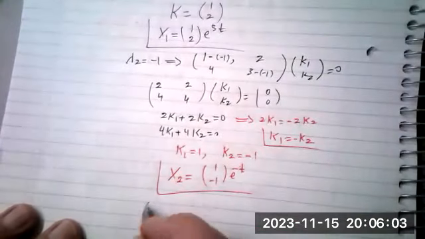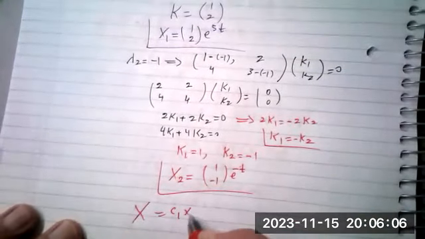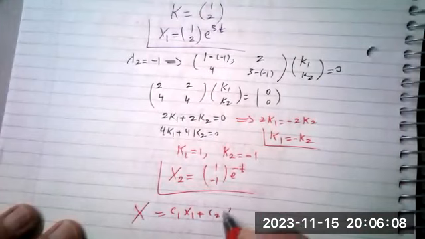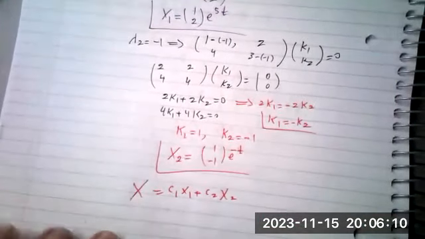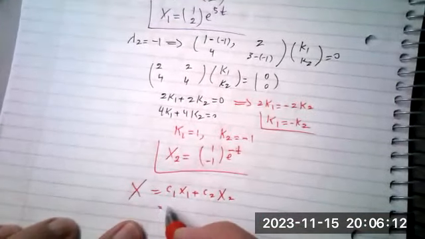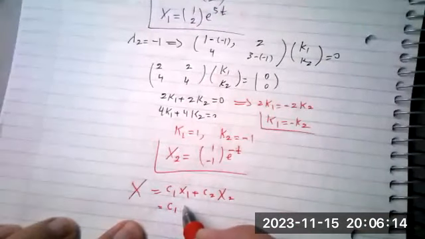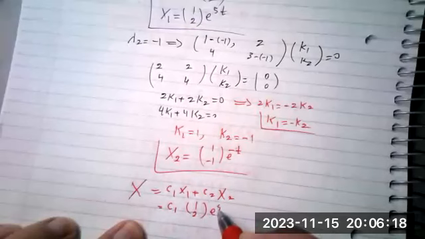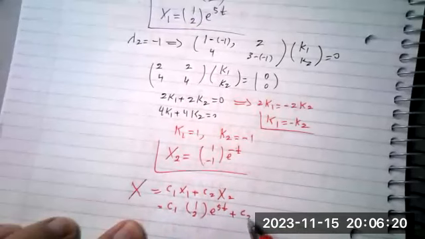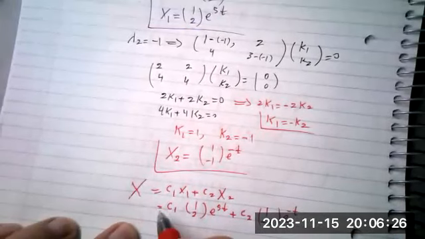Your general solution, X equal to C1 X1 plus C2 X2. So this is going to be equal to C1 times 1, 2, e to the 5t, plus C2, 1, negative 1, e to the negative t.